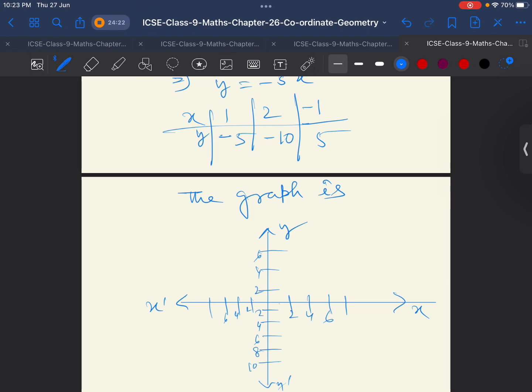Okay, first the point (1, minus 5) is here, (2, minus 10) is here, and (minus 1, 5) is here. So now we draw a straight line. So this is the line.